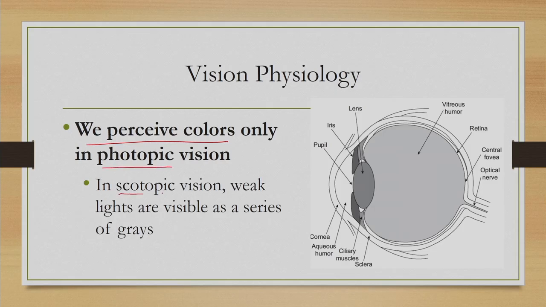In scotopic vision, we do not get to see colors, instead we get to see a series of grays or different gray levels rather than different colors. So, this is very important. We should remember that when we talk about colored images, that means we are perceiving colors. So, we are talking about photopic vision only.